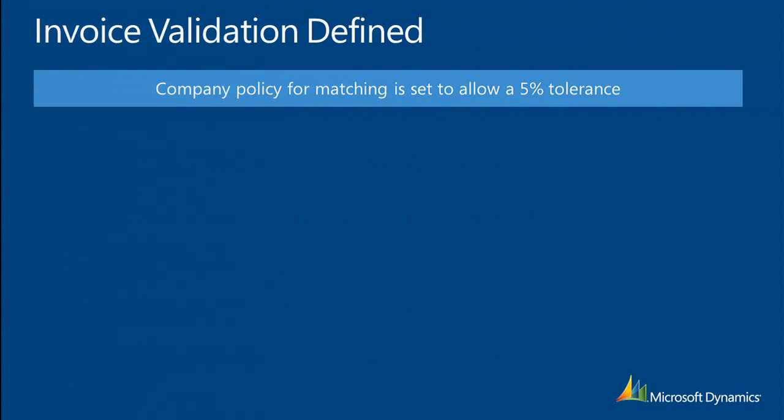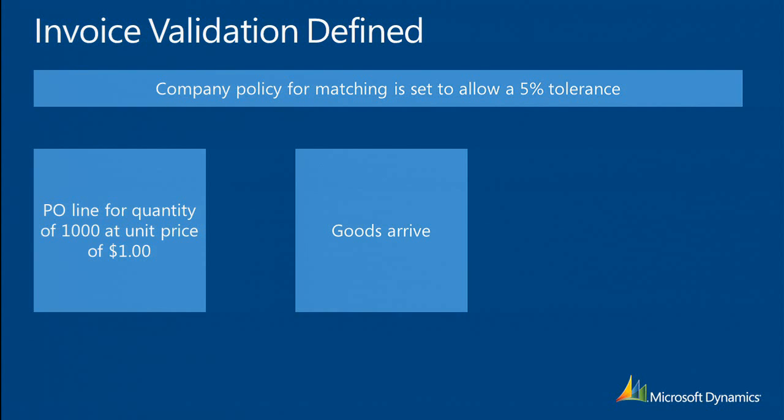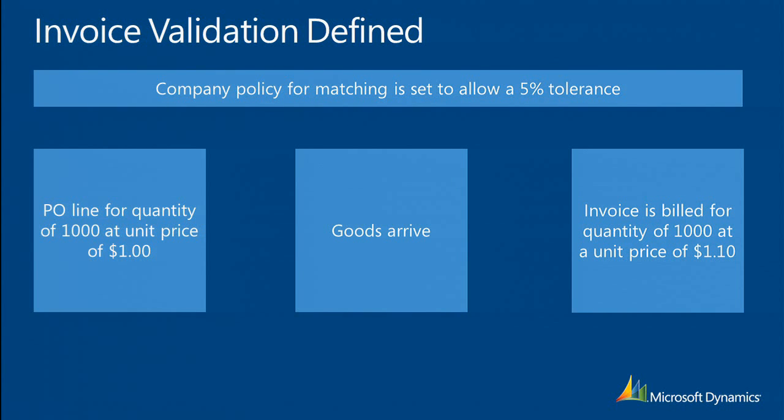So just taking a real quick example of that, let's say that we have a PO line entered with a quantity of 1,000 and the unit price is $1 each. Goods arrive and then we get the invoice. And let's say that invoice unit price is different. Let's say it's $1.10.